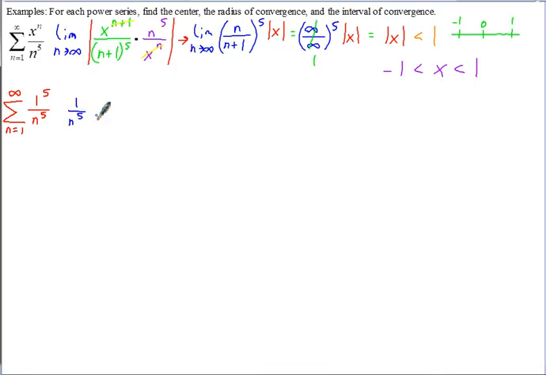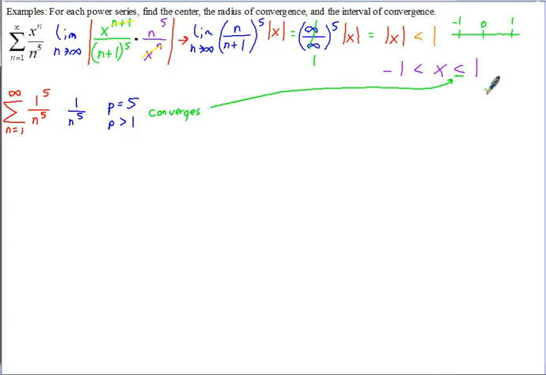You can see this fits the p-series test, where in this case p is equal to 5. Since p is greater than 1, the series converges. And since it converges, we know it would include the 1 there, so we put the or equal to.